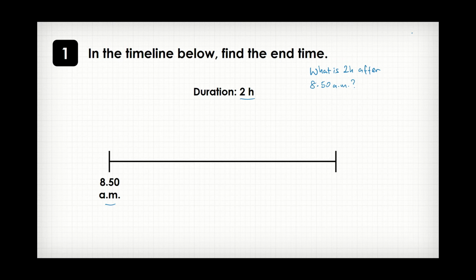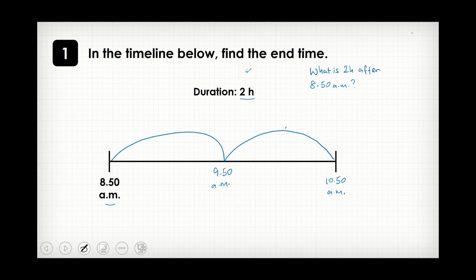Now, we have come across questions like this before. If we count forward in hours, 1 hour after 8:50 a.m. will be 9:50 a.m. And another hour, 1 hour after 9:50 a.m. will be 10:50 a.m. The convenient thing about adding in hours, let me write it down, is that the minutes do not change.